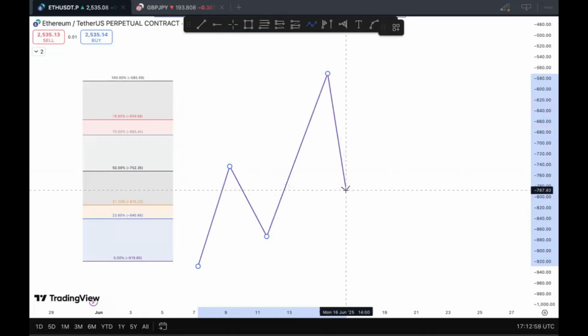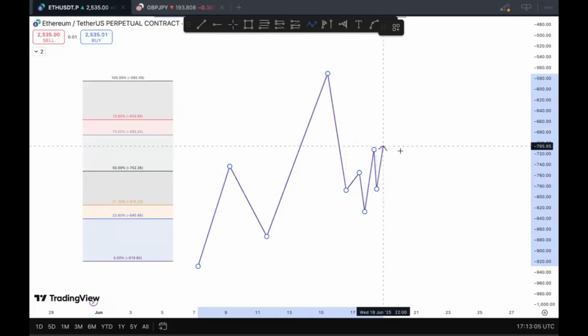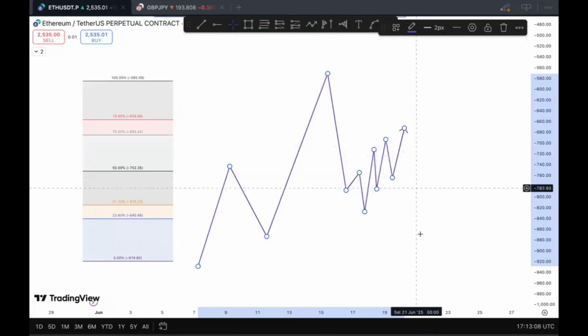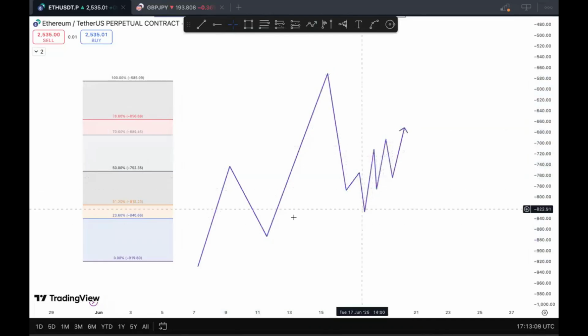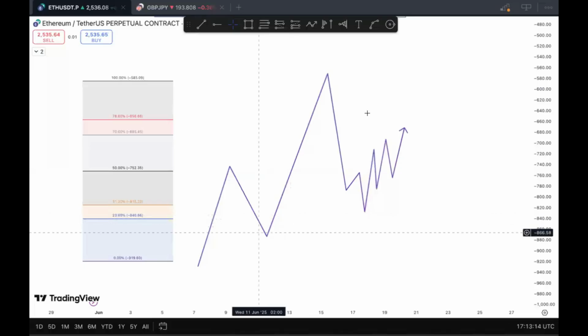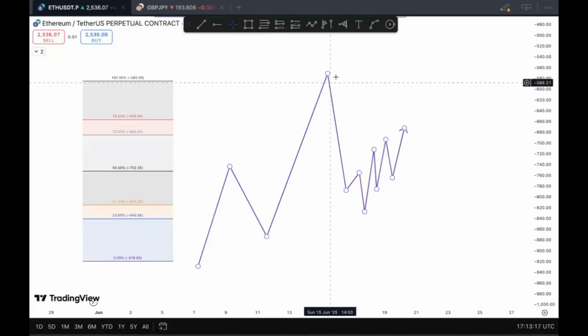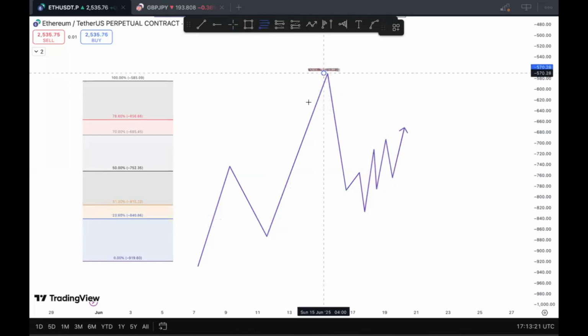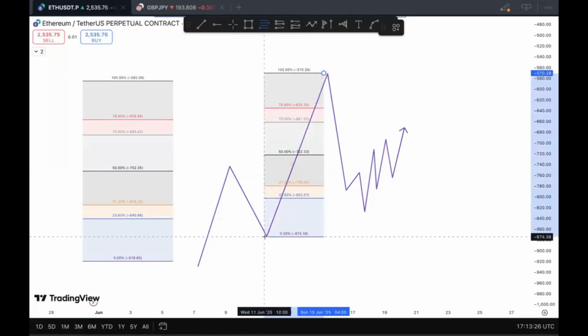Once price gets back to this swing, this is the swing you're using for the current trend. You place your Fibonacci at the wick, not the body: the wick of the high and the wick of the low, like this.